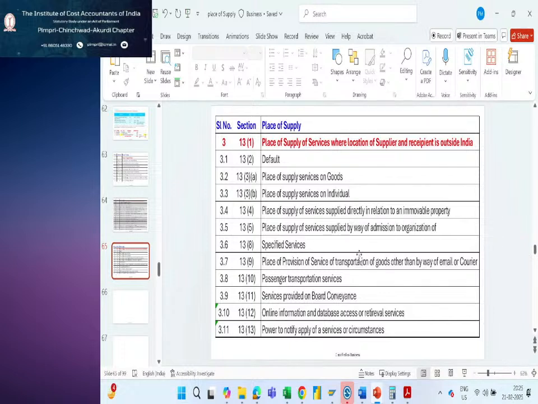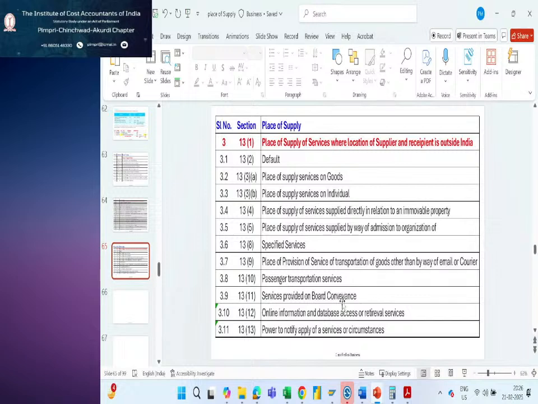immovable property and organization of specified services, transportation, passenger transportation, boat conveyance. Previously in section 12 we have seen in India only. Now it is these types of scenarios.